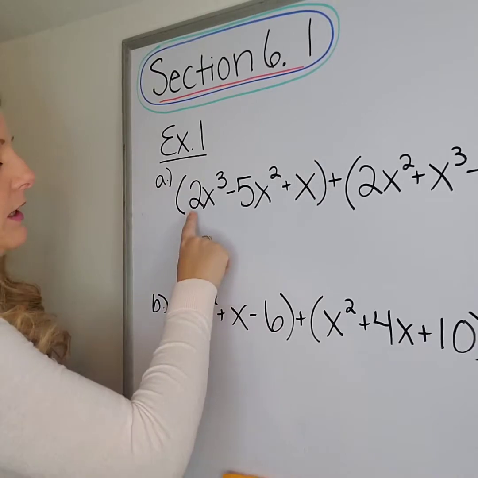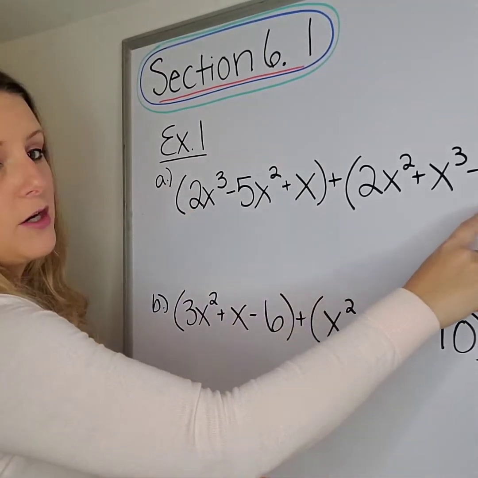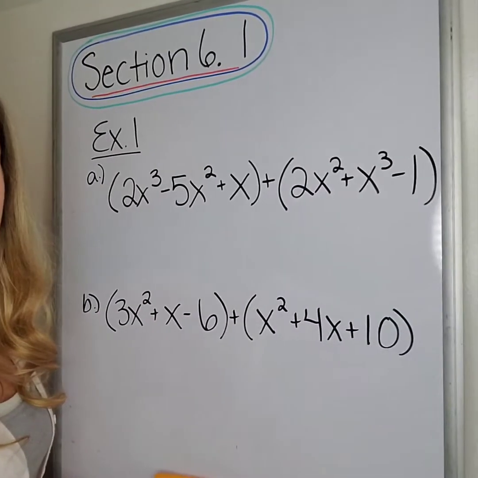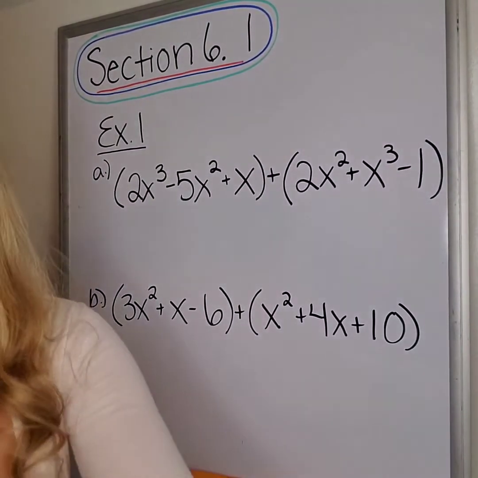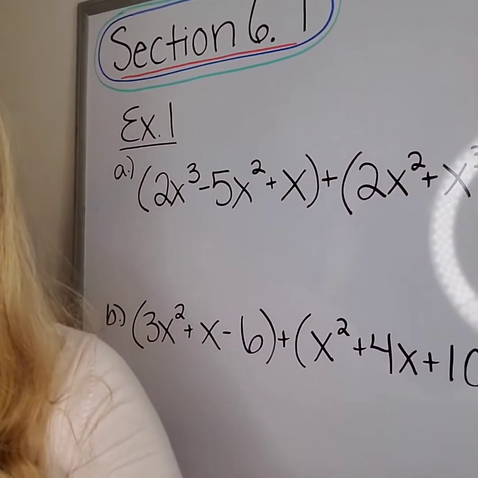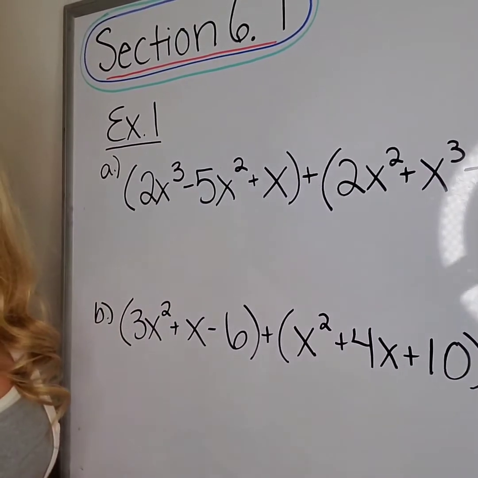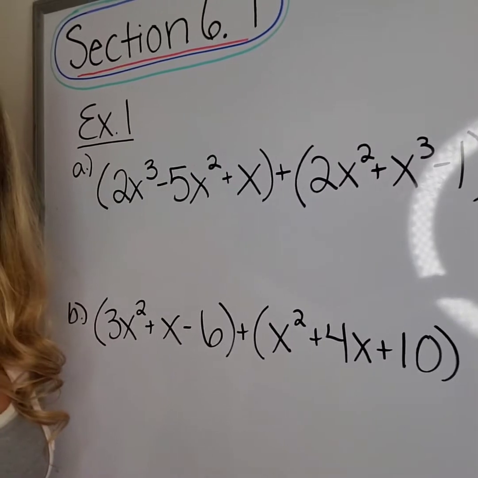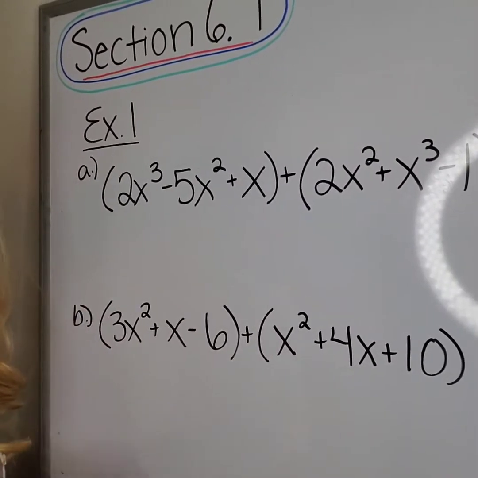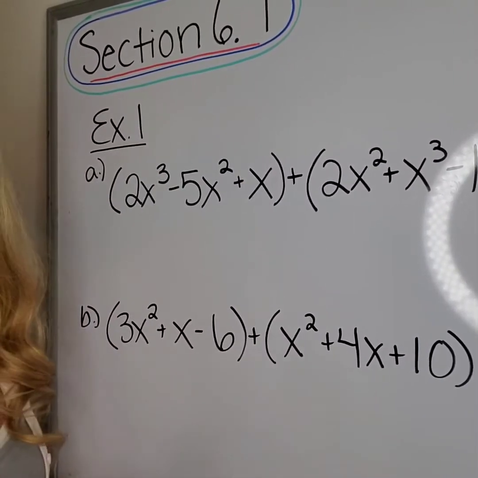So I'm looking at all of these different terms. I've got 6 different things. Hopefully you can see those. Let me bring you in a little bit closer. So we've got 6 different terms, and we need to see what matches with what.